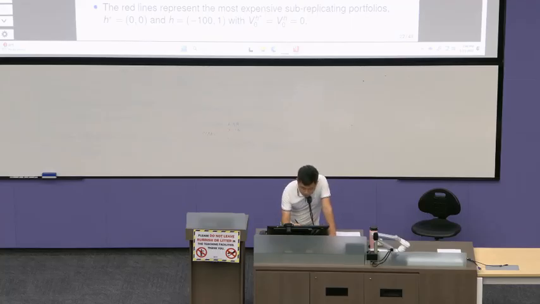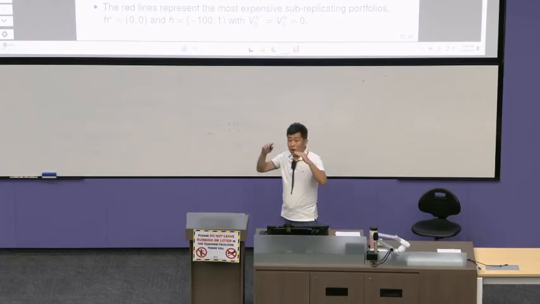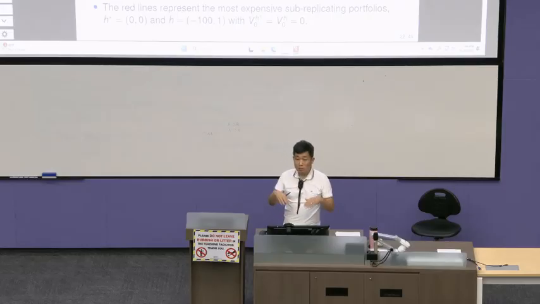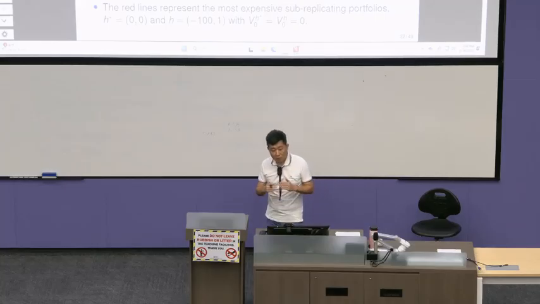I have 3 points in the payoff, and this black line puts all the points below. I don't have any points above the black line. All these 3 points are below the black line. So that's why it's the cheapest, and that's why it's a super-replicating portfolio, because my portfolio always gives me a better payoff than the option.